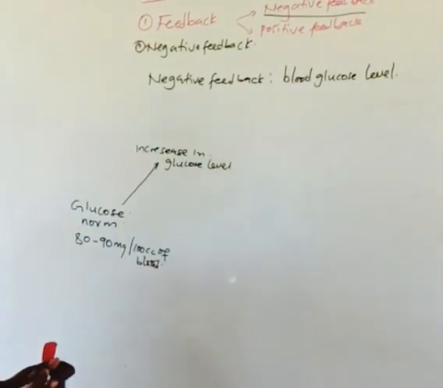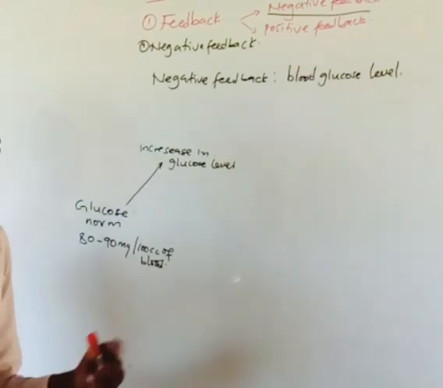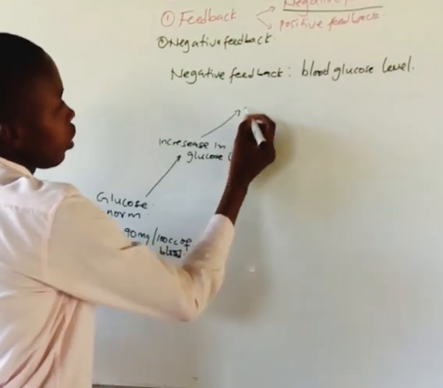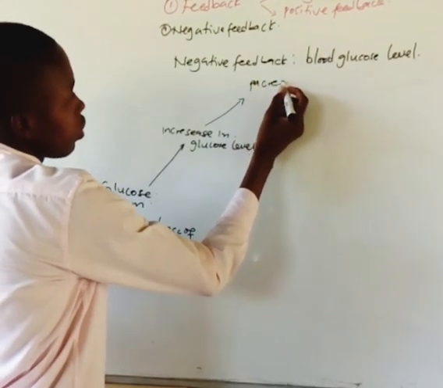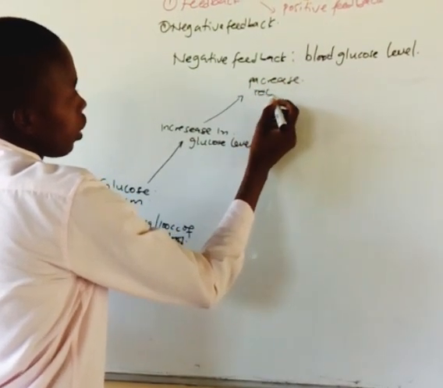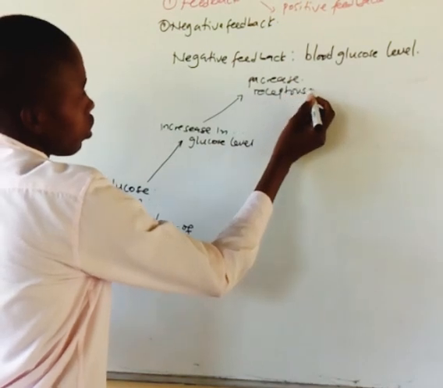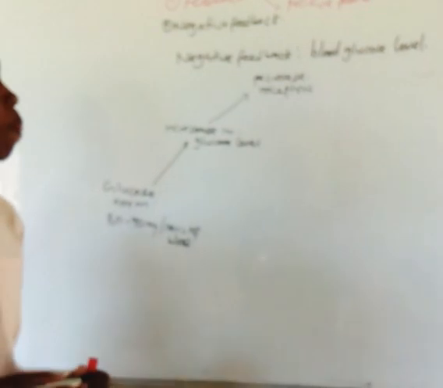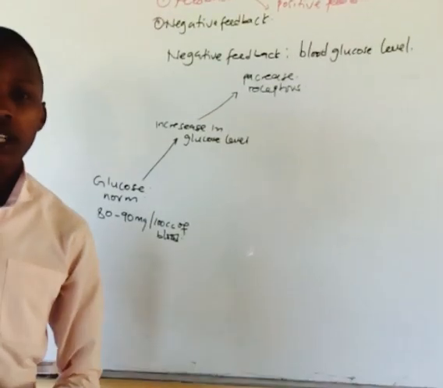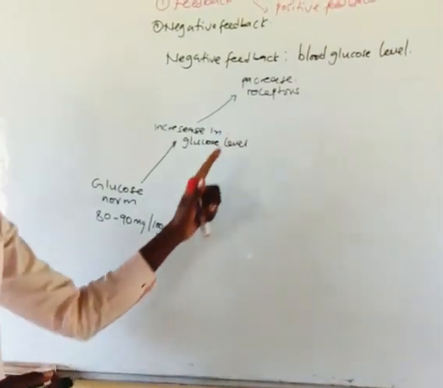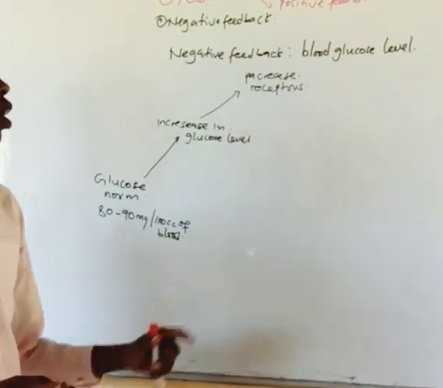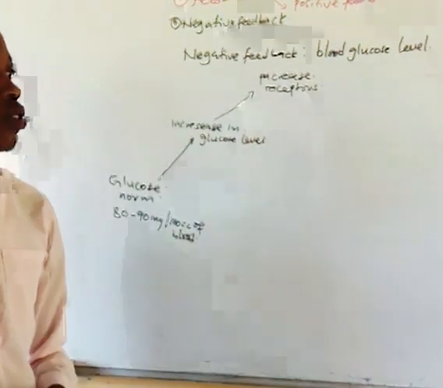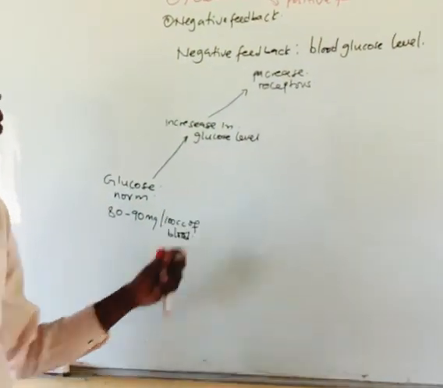When this glucose level in blood increases, it is detected by the pancreas receptors. These pancreas receptors contain special cells called islets of Langerhans, which are of two types.